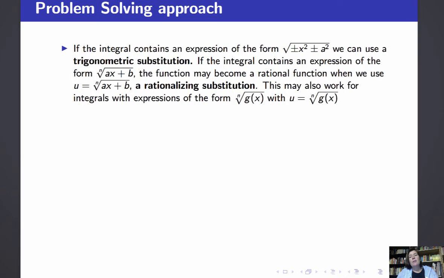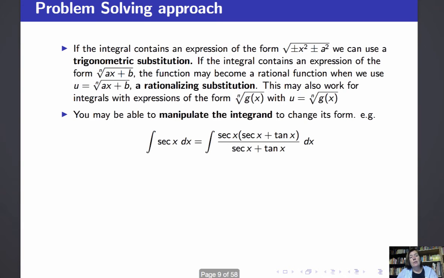If you have something of the form the square root of plus or minus x squared plus or minus a squared, then a trigonometric substitution might work in your integral. And if you have something like the nth root of ax plus b, then a rationalizing substitution might work for your integral.